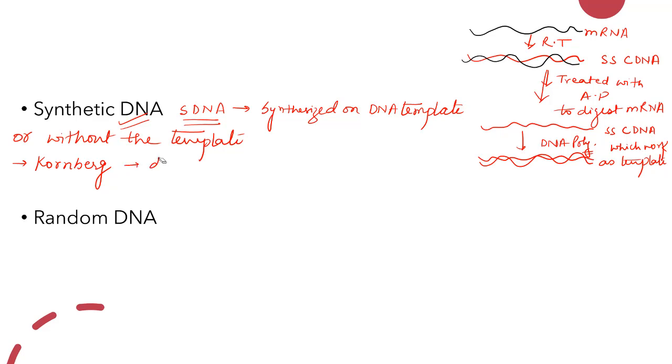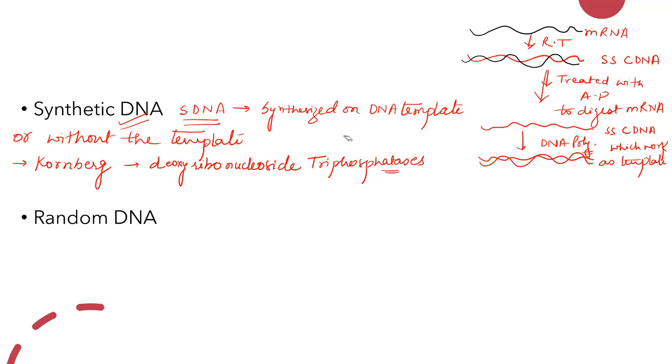With the help of dNTPs, deoxyribonucleoside triphosphates, we can convert a DNA template into a complementary DNA in the presence of DNA polymerase enzyme and some metal ions.